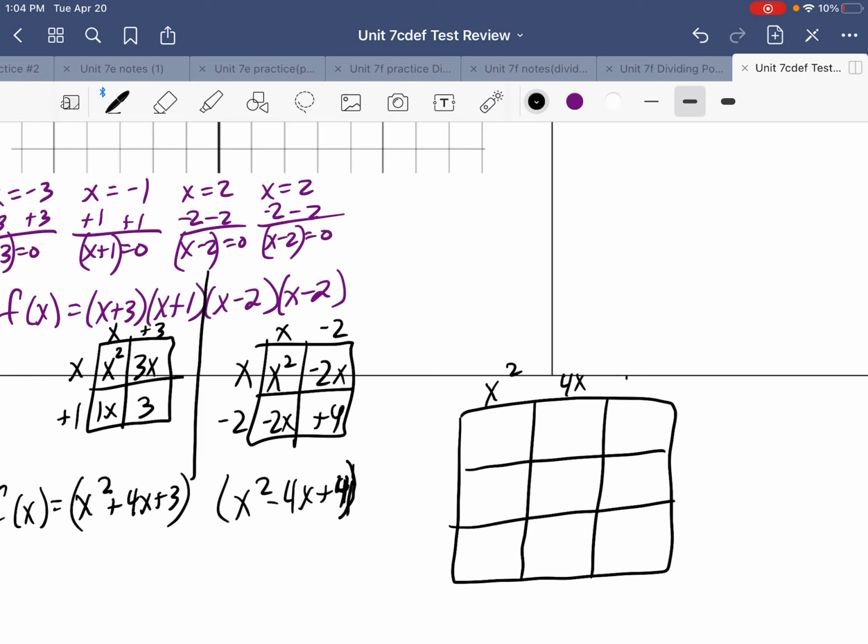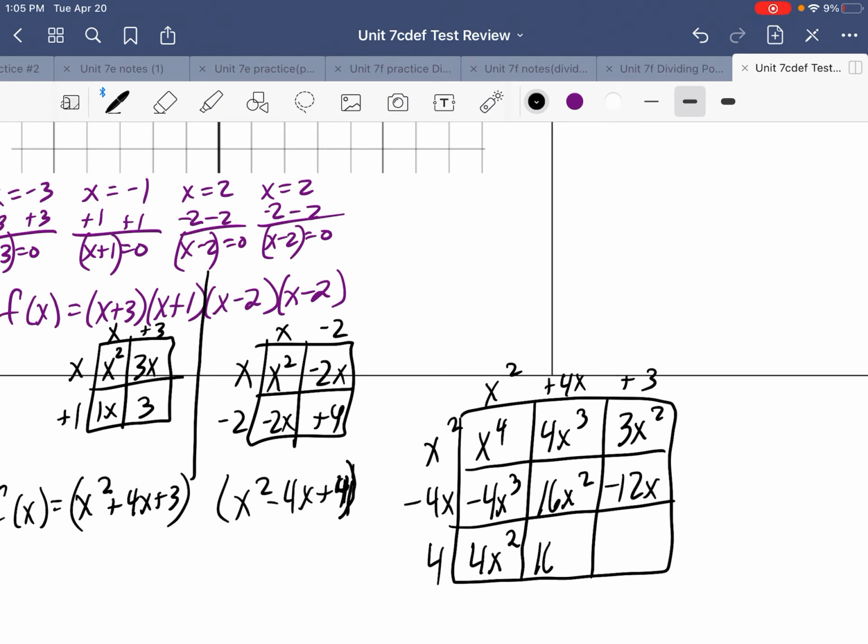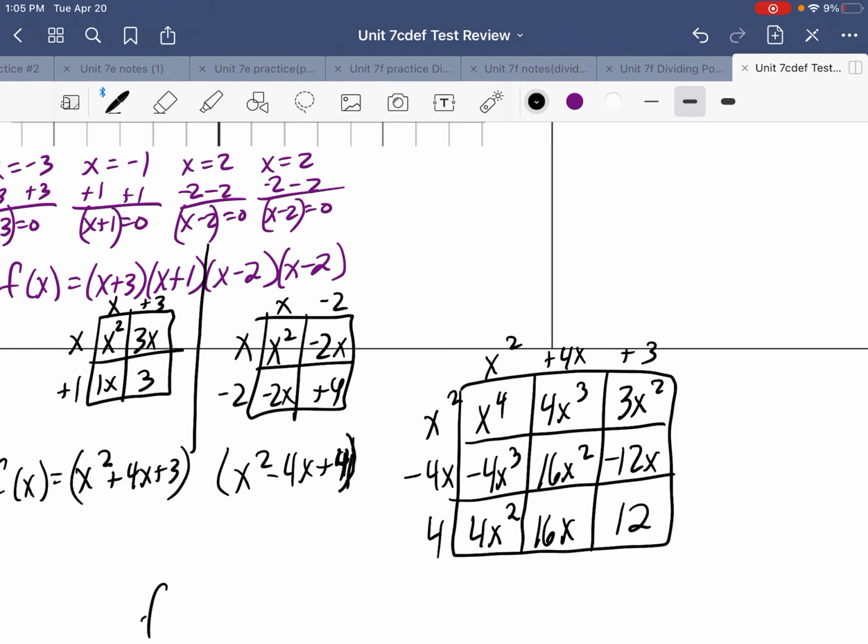x squared plus 4x plus 3, x squared minus 4x plus 4. x to the fourth, 4x cubed, 3x squared, negative 4x cubed, 16x squared, negative 12x, 4x squared, 16x, and 12. Now we just got to figure out all of our like terms. We have x to the fourth, not a like term of anything.